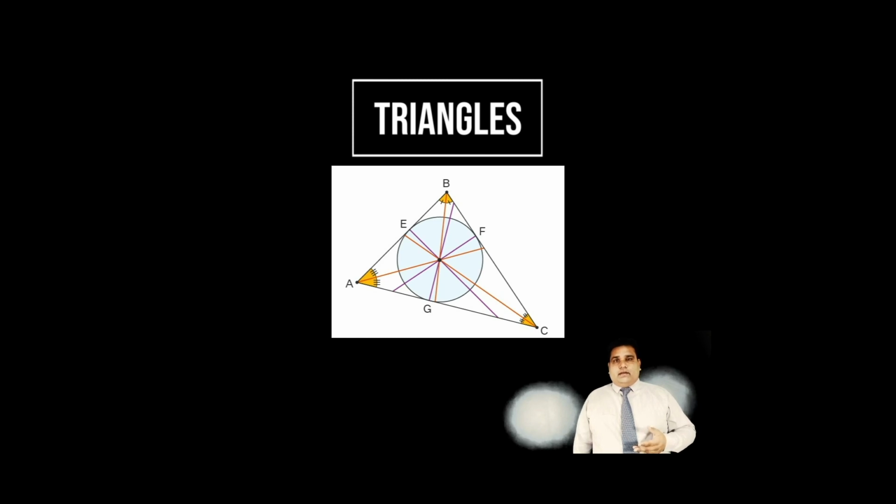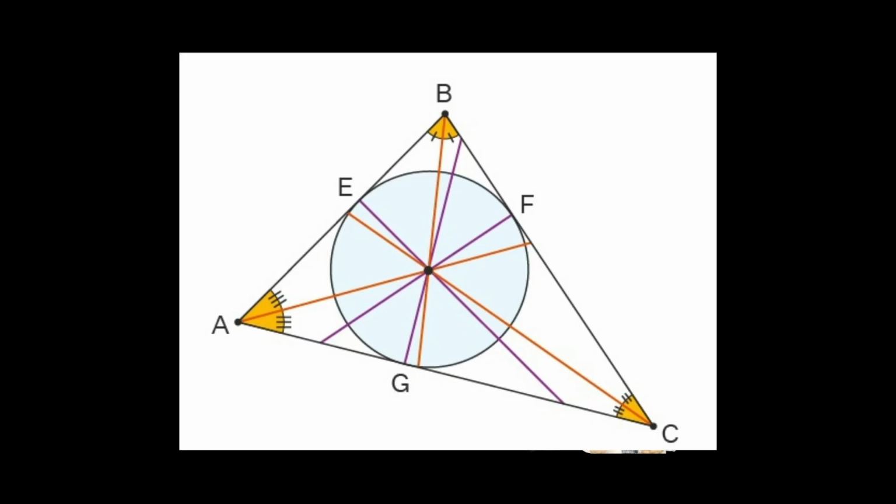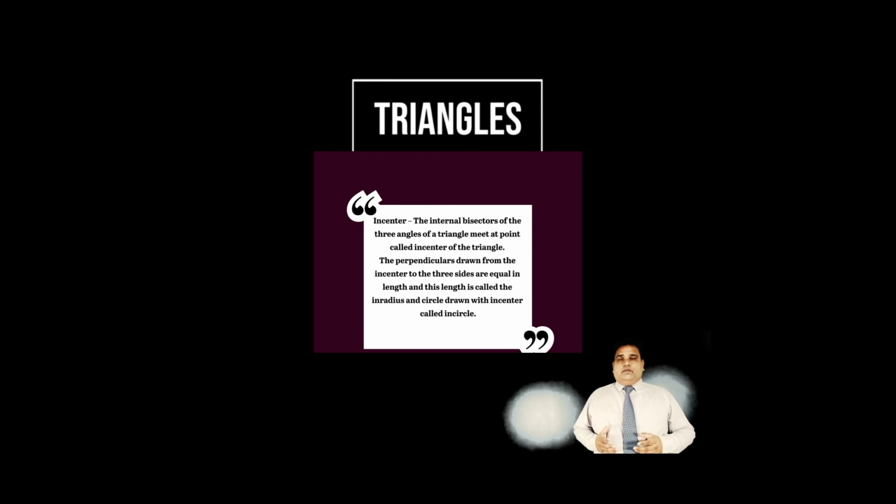So here we have triangle ABC, and we are taking the angle bisector of A, the angle bisector of B, and the angle bisector of C. Where all three angle bisectors meet, that point is known as the incenter, and the circle we form from that point is known as the incircle, and the radius is known as the inradius.